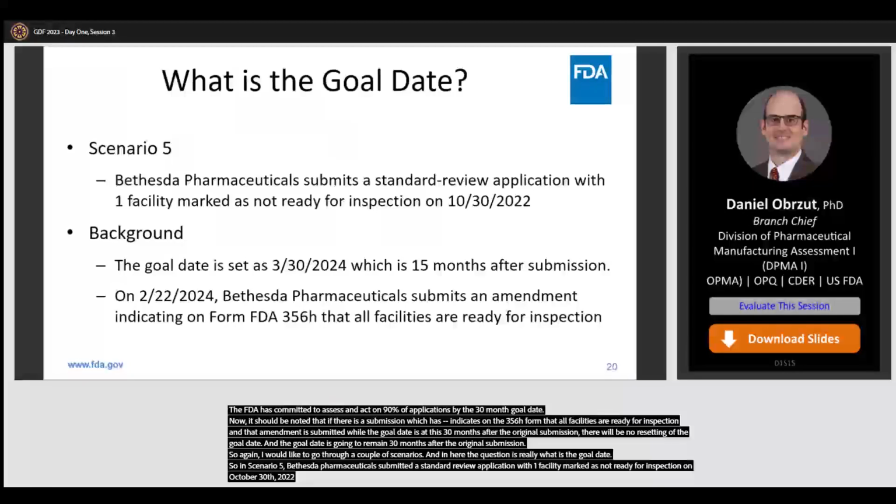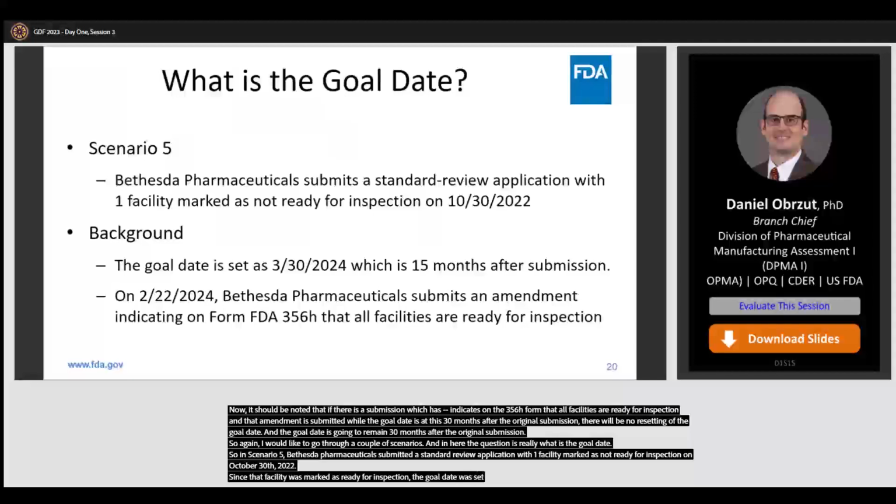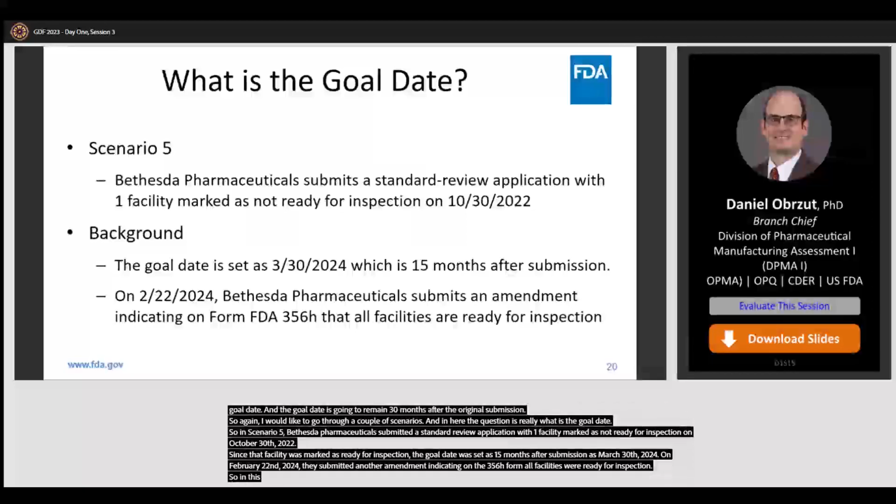Since that facility was marked as not ready for inspection, the goal date was set as 15 months after submission, March 30th, 2024. On February 22nd, 2024, they submitted another amendment indicating on the 356H form that all facilities were ready for inspection. So in this case, what would be the goal date of the application?